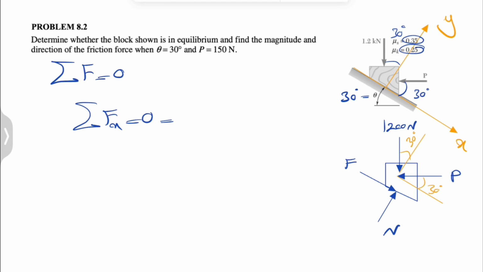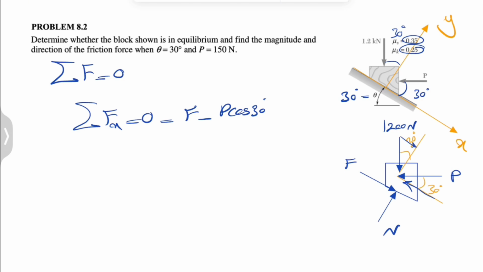Now we can do the sum of all forces in x. For x, we have F acting on the positive x-axis. We have the x component of P, which is minus P cosine of 30 degrees.